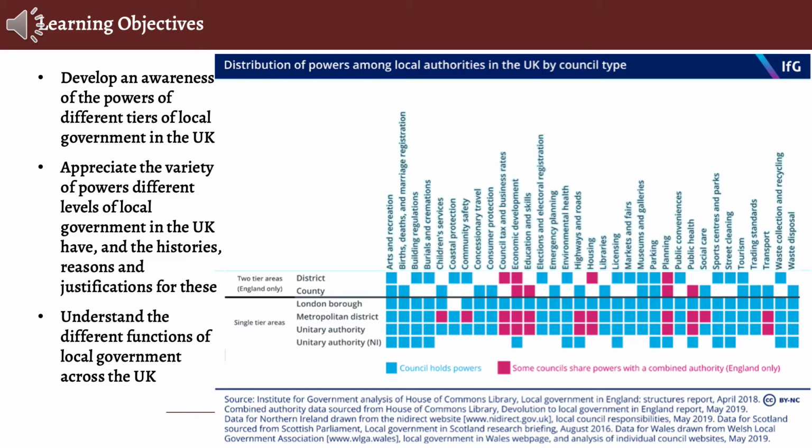So you can see that not all types of authority have the same type of powers, especially the difference I think is most stark when you compare unitary authorities with unitary authorities in Northern Ireland, but also comparing things like London boroughs, which on the face of it look like 32 unitary authorities in London, but actually there are a few areas, for example, the obvious one there is coastal protection, that London boroughs don't have. That would be, I assume, part of the Greater London Assembly. So not all local governments have the same powers.